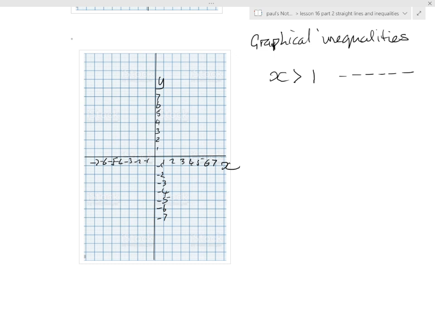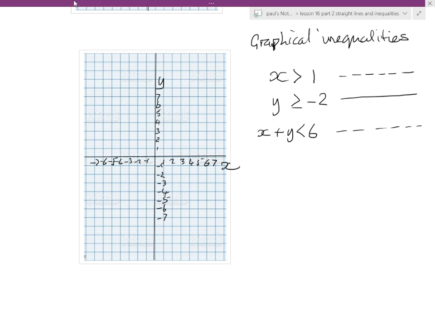The second one, y is greater than minus 2. So when you have a greater than or equals or less than or equals, it's represented by a solid line. And the third one, x plus y is less than 6. So that is going to be a dashed line as well. But this is a bit awkward, this one.